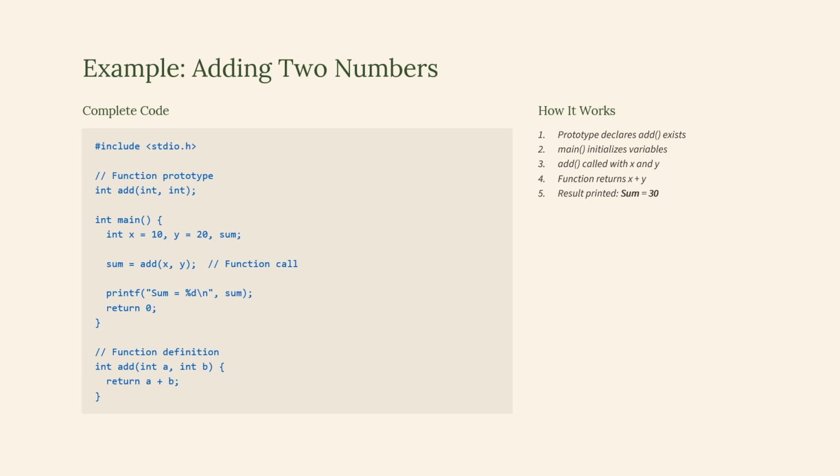So how does it work? First, the function declaration declares add, then main initializes variables, add is called with x and y values, the function returns x plus y, and the result is printed as sum is equal to 30. So this is how the program execution happens.